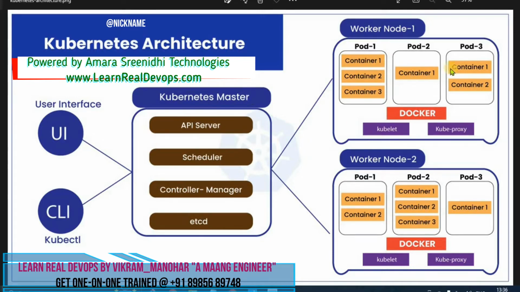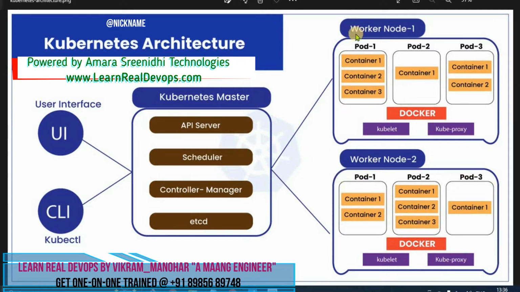Among all these components of the master or the node, let us first start talking about Docker, and then container, and then pod. The components I'm going to discuss for worker node 1 will be equally applicable to worker node 2.